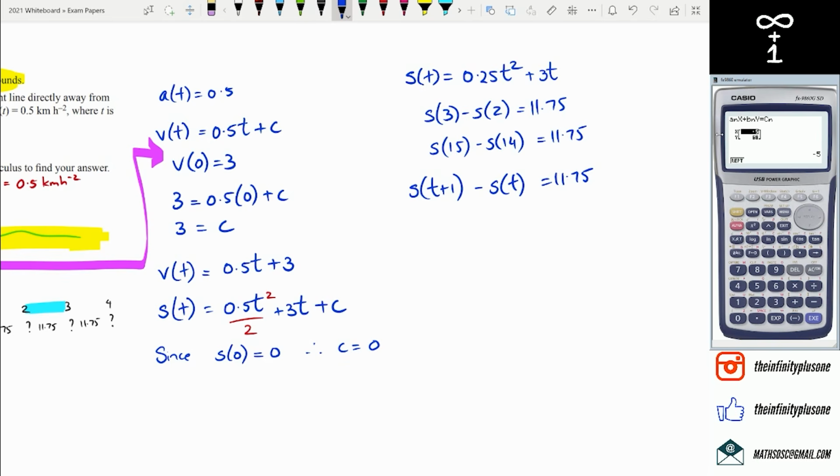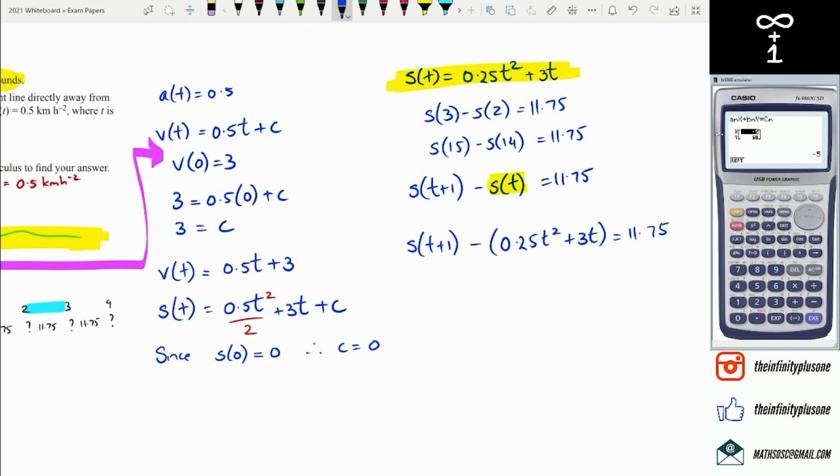So in that case, we are actually going to write s of t. Now, we already know what s of t is because we solved that here. So we can write that as minus 0.25 t squared plus 3t. Now, as for the s of t plus 1, we've got to figure out what t plus 1 is.